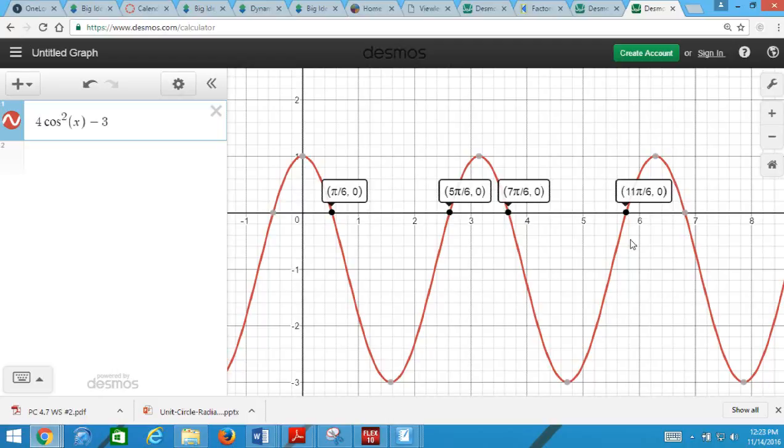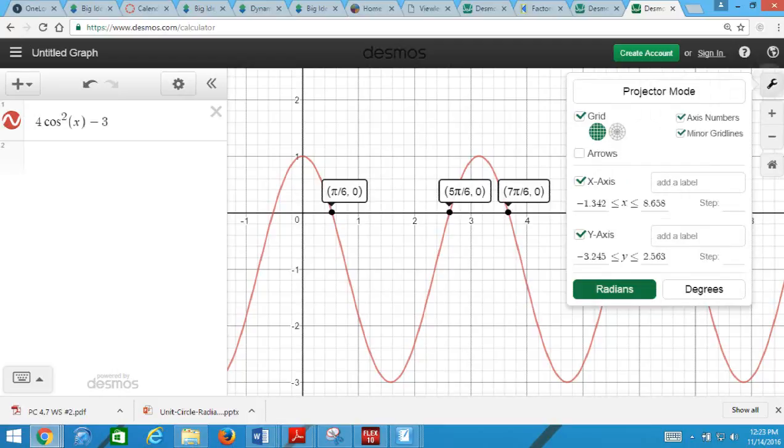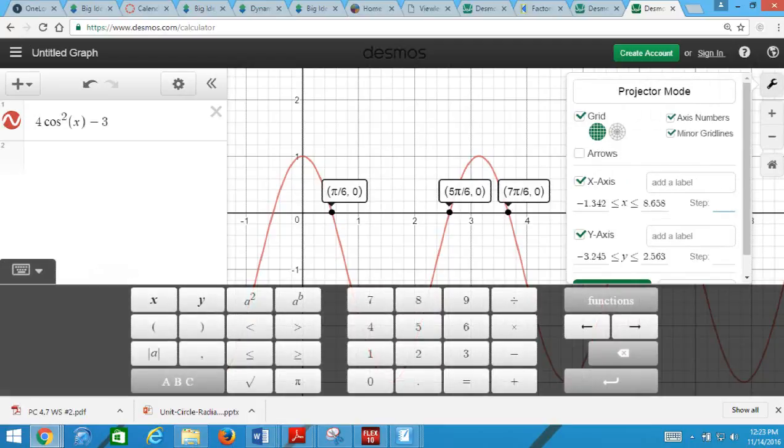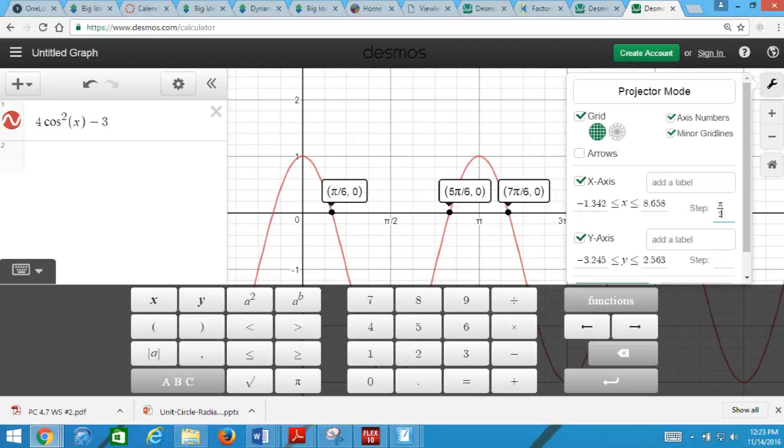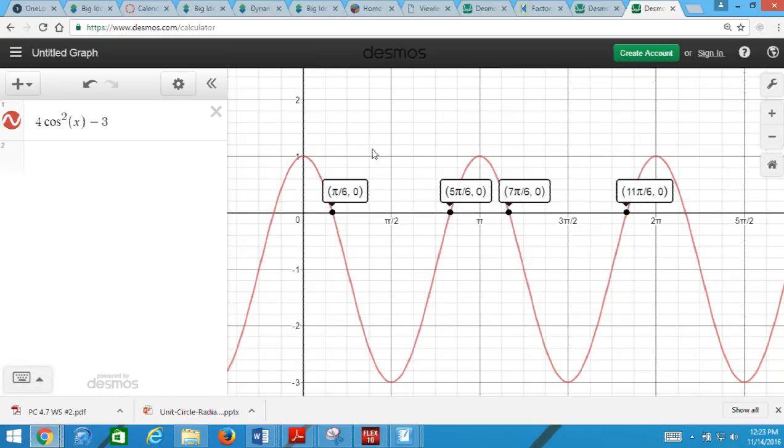If you go over to this little tool, it says for the x-axis, this step, if you type in pi divided by 2, then it changes it so it looks like what we've been used to seeing. I think Desmos is very user-friendly, especially for some of these you might want to make sure you're doing right. Okay? So you can have that in front of you.